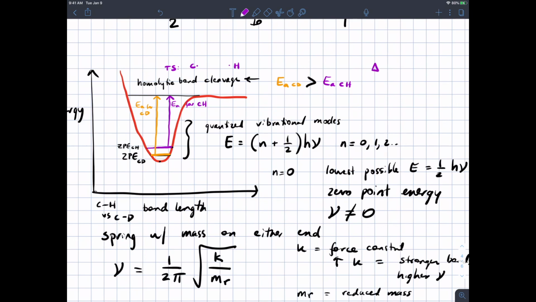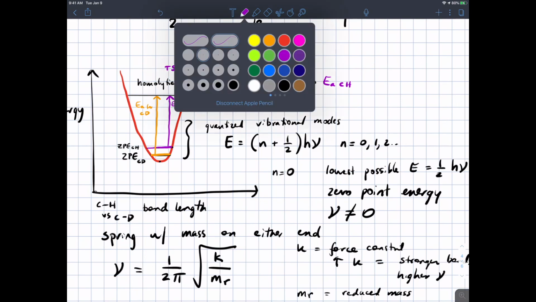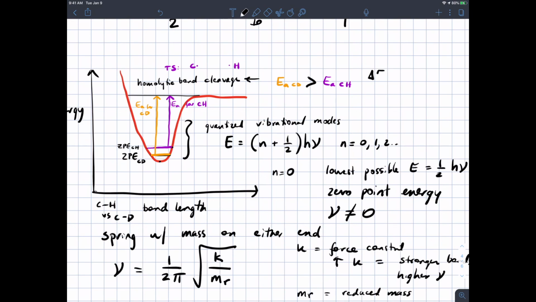In fact, it's not hard to calculate. The difference in activation energy is going to be equal to the activation energy for the CD bond minus the activation energy for the CH bond.